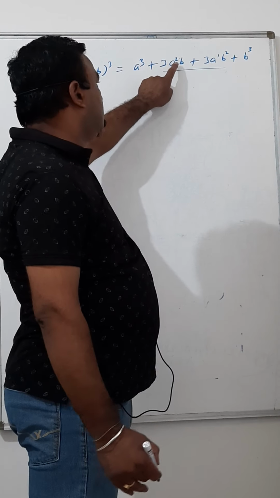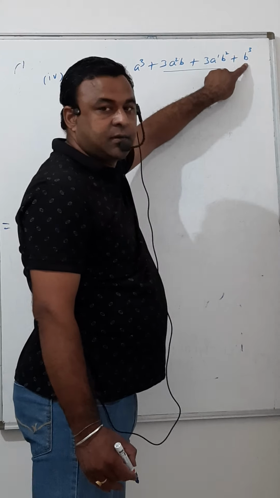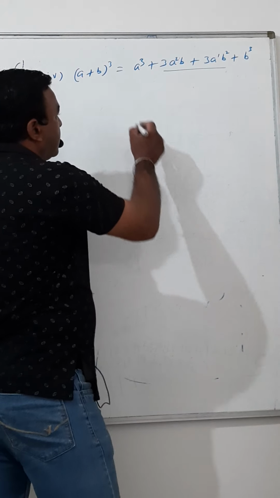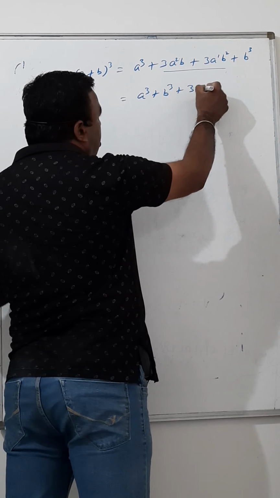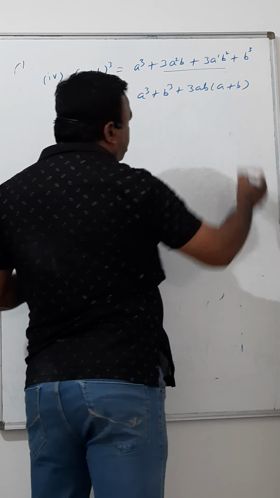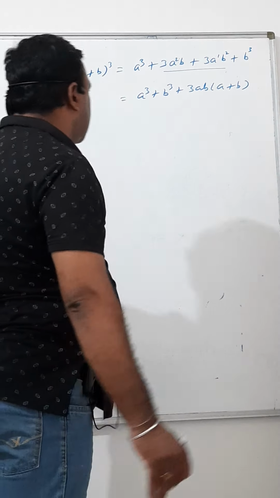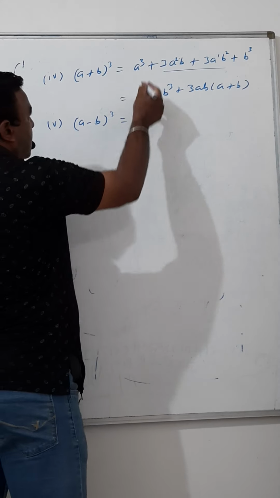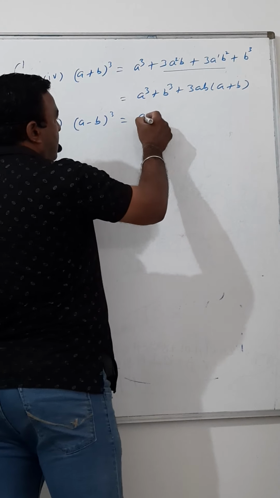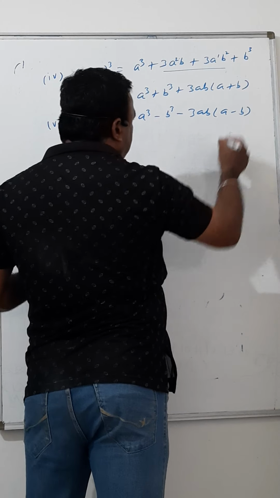Here power of a is 3, then 2, then 1, decreasing. Power of b is 0, here 1, here 2, here 3. In this way, we can memorize. Or another form, whatever looks suitable to you, a cube plus b cube plus 3ab(a plus b). Whichever looks comfortable, (a minus b) cube. In the same way we move, it is a cube minus b cube minus 3ab(a minus b).